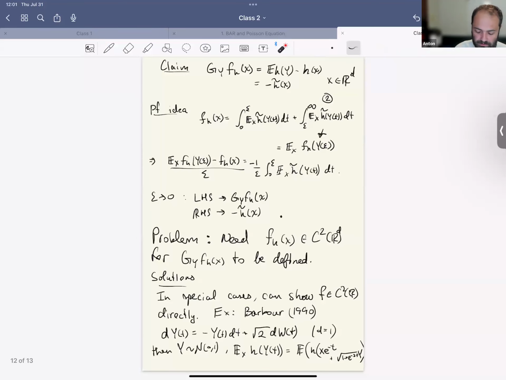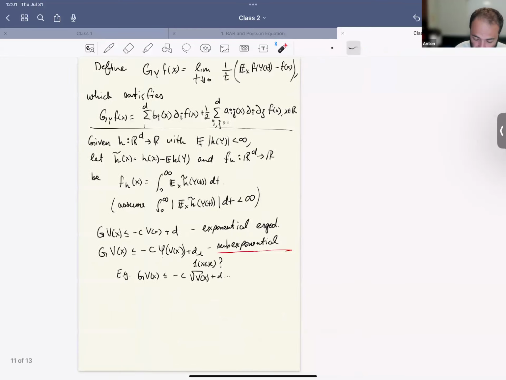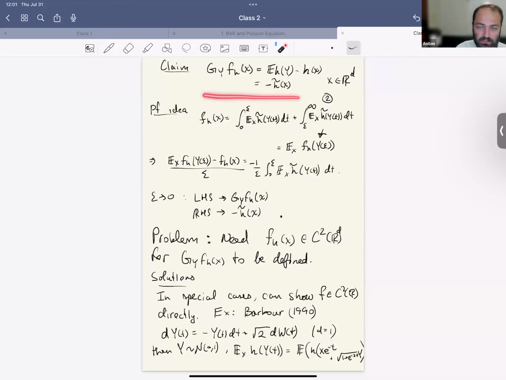Our degree of freedom is not the F, it's the H. So we just need to choose the H. Indeed, what I did not write in this claim is what condition is required on H. Typically we'll work with Lipschitz H. That's a good point.